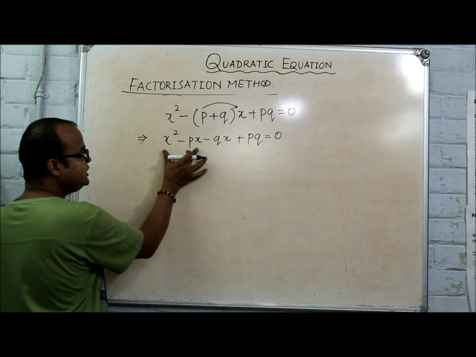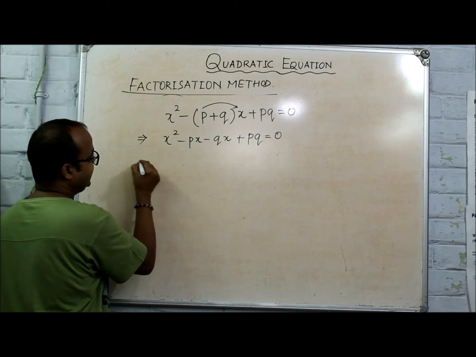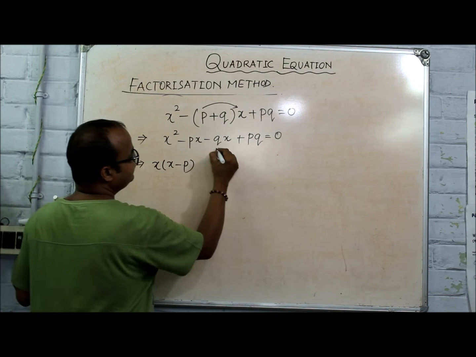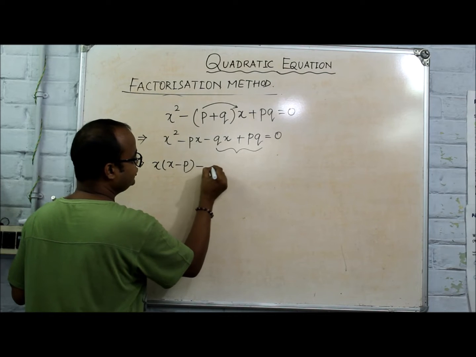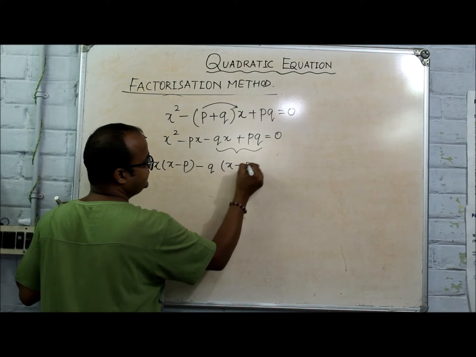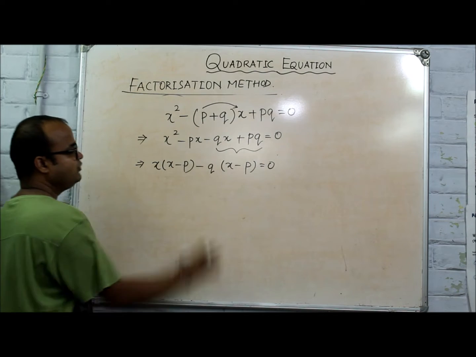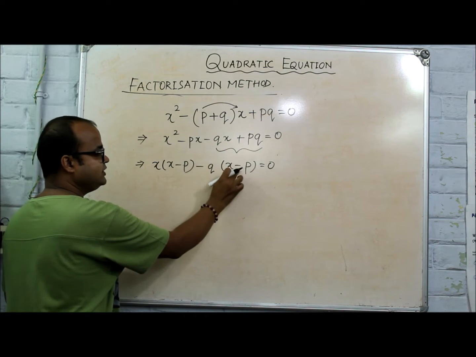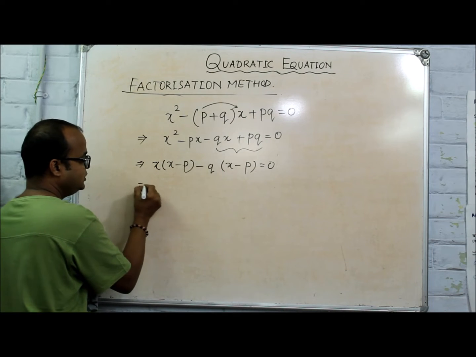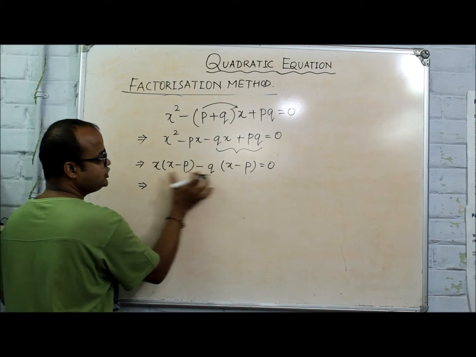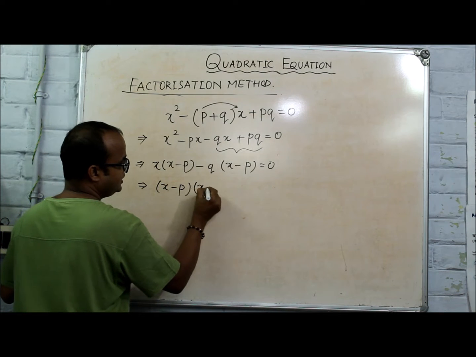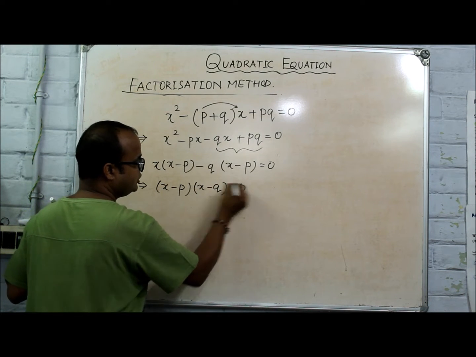Now from these two parts we can take x common, so we get x minus p, and from these two parts we need to take minus q common. We are taking minus common, so this sign will change such that minus minus we will get plus pq. So from these two terms we will take x minus p as common, x minus q is equal to 0.